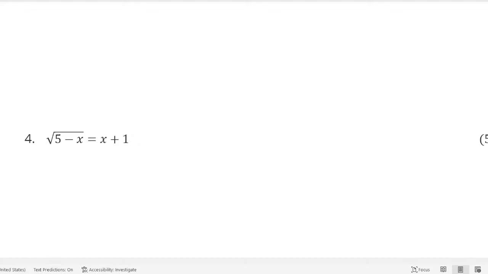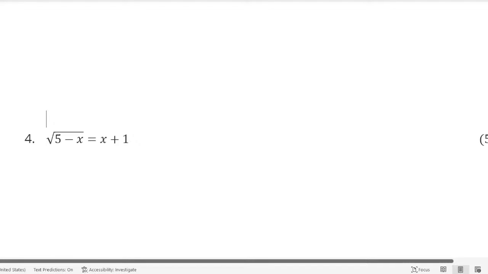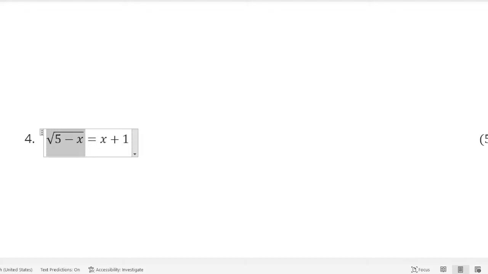So what we need to do here, we have to remove the square root sign. In order to remove the square root sign, we have to square. Whatever you do on the left hand side, you must always do on the right hand side.